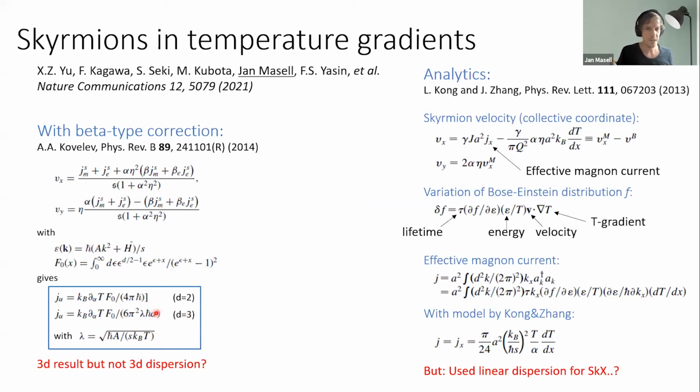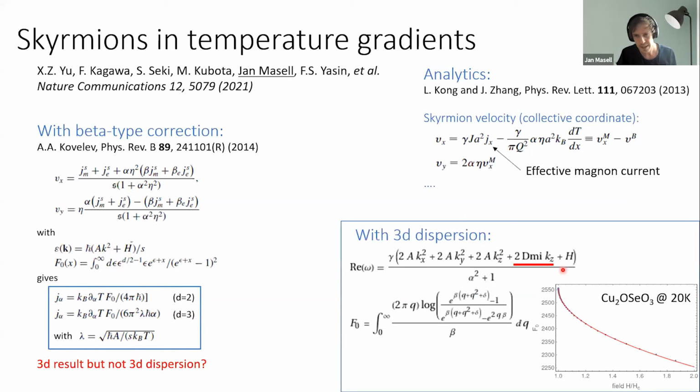So we look at this one here, but unfortunately the dispersion that he used was for the 2D case, not for the 3D case. So we corrected this. In 3D, it looks like this. You need this extra term here, which gives you an extra contribution along the external magnetic field if you have a field polarized phase. Then this F-naught integral does this, so it has this square root type shape close to the transition from ferromagnetic to conical background phase.